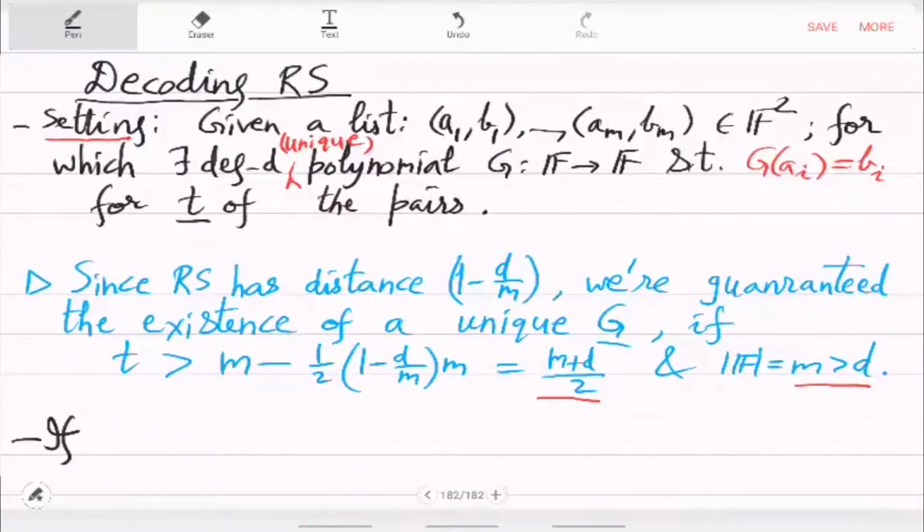Well, if T was M, that is everything is correct, then we can just use interpolation.